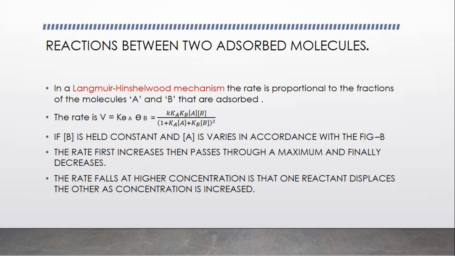Here the rate is proportional to the fraction of the surface covered by both A and B, and the rate will be equal to K into the product of the fractions adsorbed, which is K into Ka into Kb into concentration of A and B divided by the square of 1 plus Ka into concentration of A plus Kb into concentration of B. If B is held constant and A is varied, as in the figure observed previously, the rate first increases, then passes through a maximum, and finally decreases.